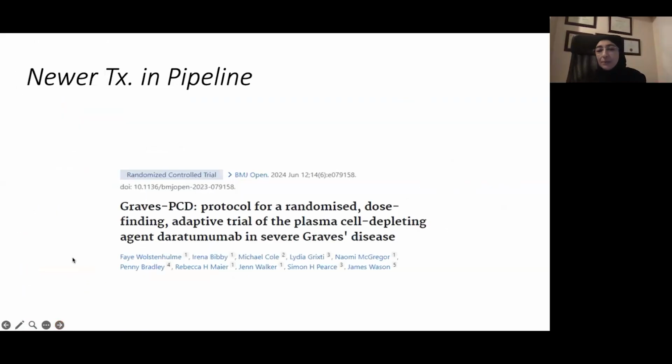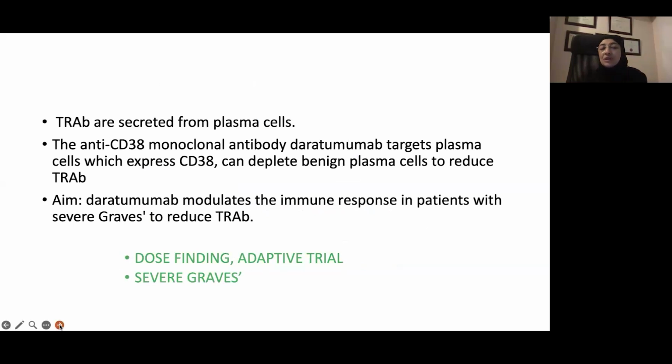So what's new in the pipeline for the treatment of Graves' disease? This study was a randomized controlled trial addressing a new medication in the treatment of severe Graves' disease. As you know, thyroid receptor antibodies are secreted from plasma cells. So the idea of this study was to study a medication, daratumumab, which is a monoclonal antibody targeting plasma cells, which eventually will deplete plasma cells producing the TRAb antibodies.